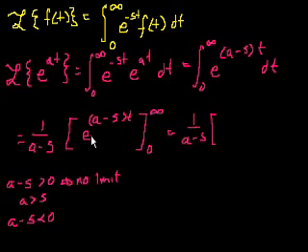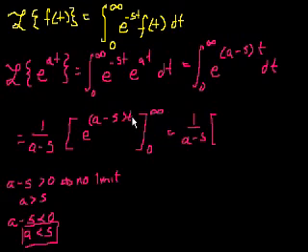E to an infinitely negative number approaches 0, while e to an infinitely positive number is just infinity, so it doesn't really converge on anything. So if I assume that a minus s is less than 0, or a is less than s, and this is the assumption I will make, so that this improper integral actually converges to something, then this is a negative number.